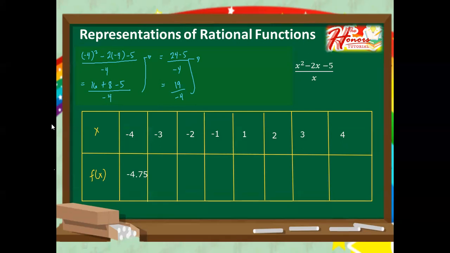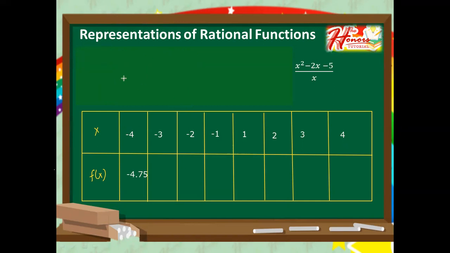Next, let's have the other part. So that is negative 3. Same process. So we have here negative 3 squared minus 2 times negative 3 minus 5 over negative 3. Negative 3 squared is equal to 9.